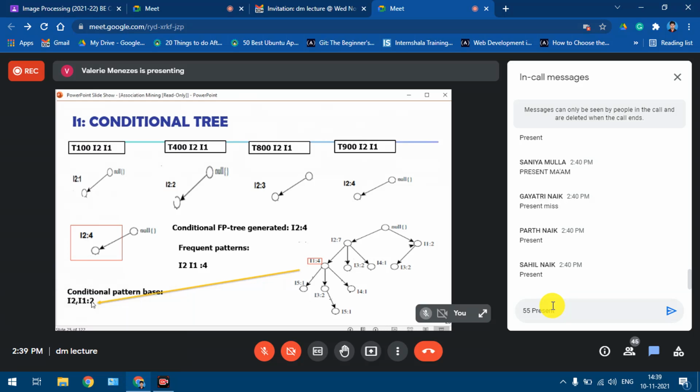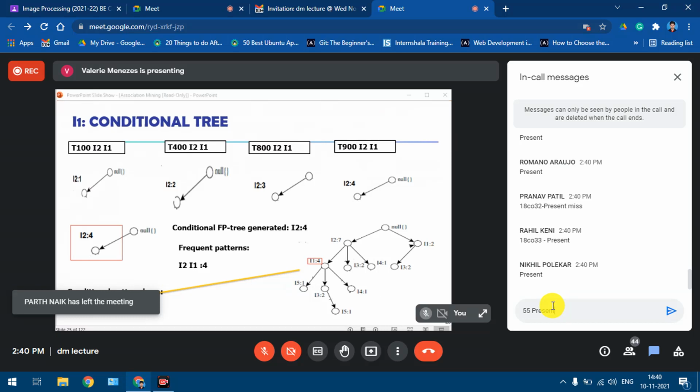Sahil, Romano, Pranav, Rahil, Purvesh, Adarsh, Manal, Mayuresh. Mayuresh is absent.